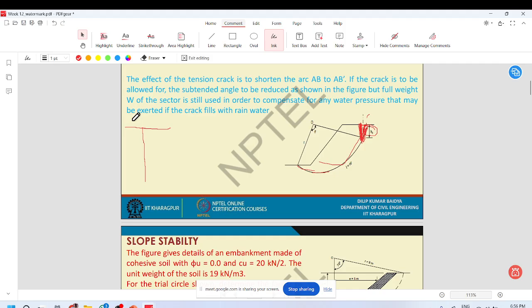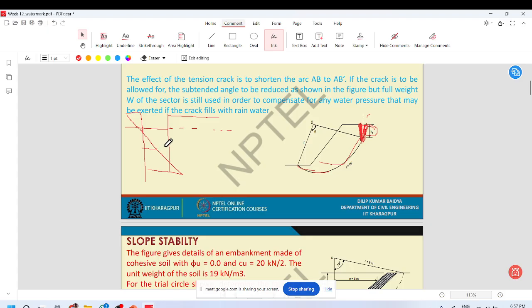This was the earth pressure diagram of a cohesive soil.